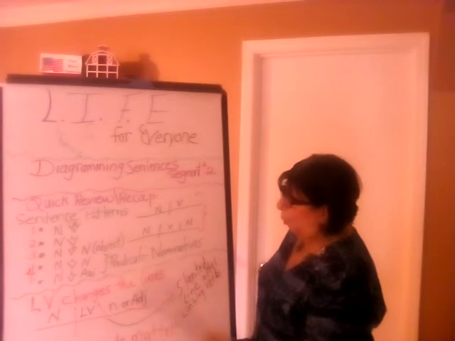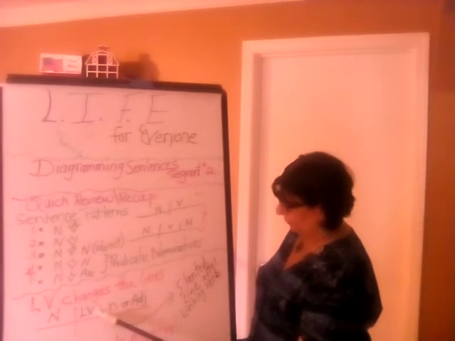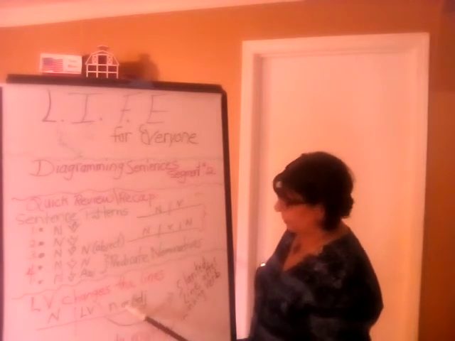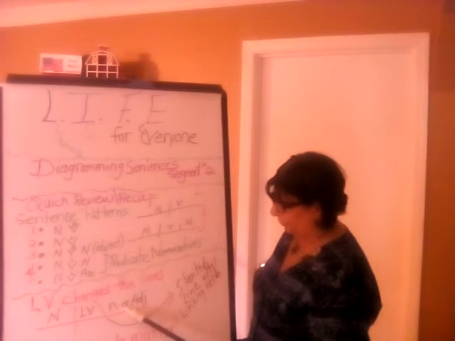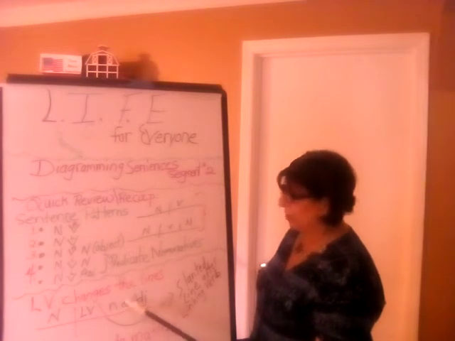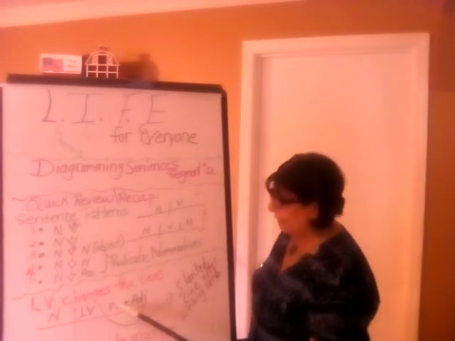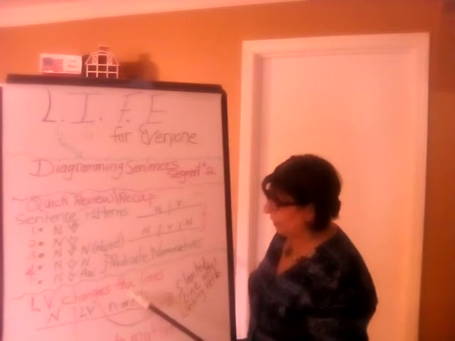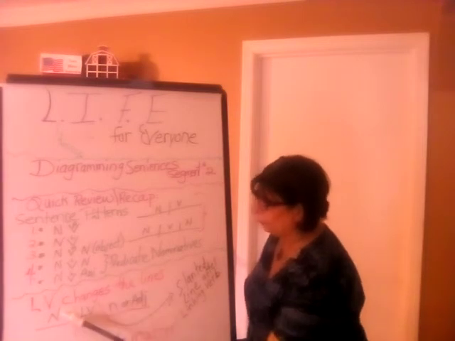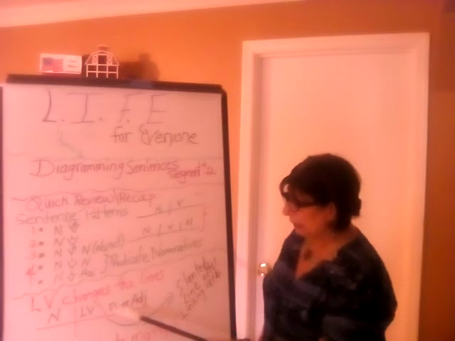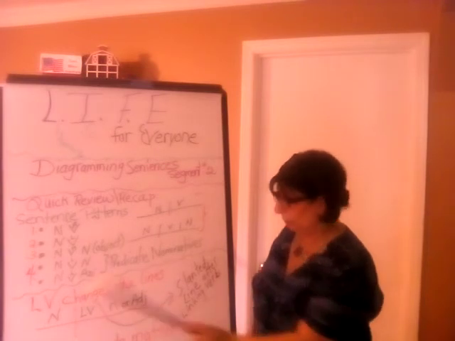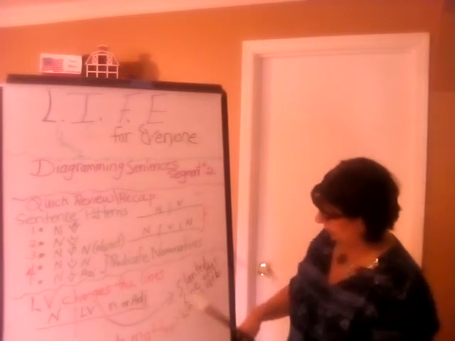Okay? With a linking verb, the word or words that come afterwards are going to be nouns or adjectives that refer back to the main noun. Slanted line pointing toward the main noun.